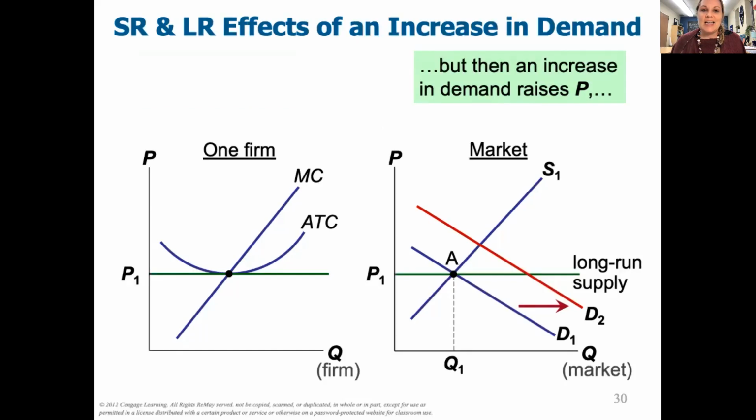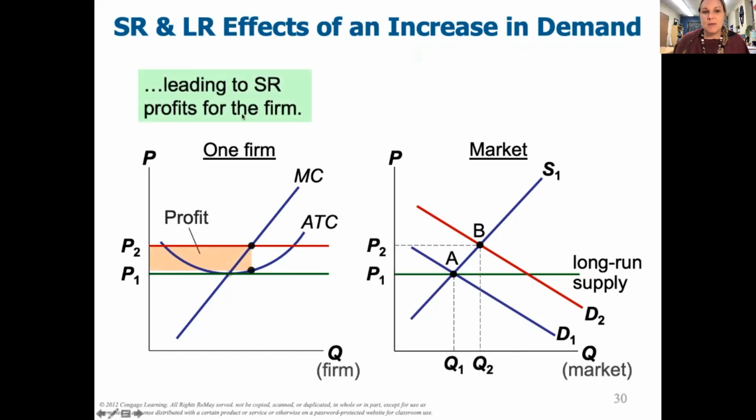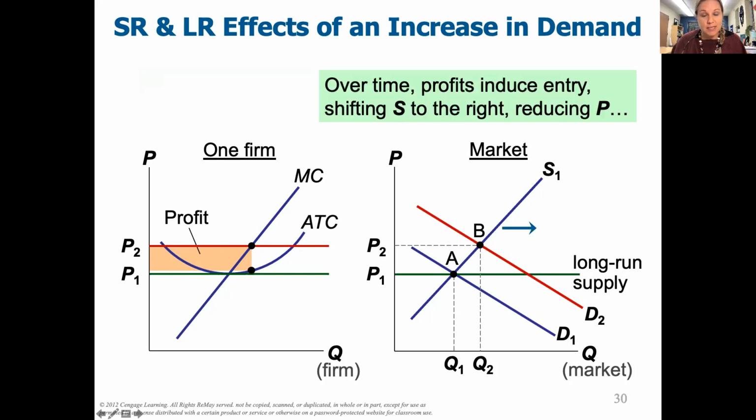Okay, so here we are in equilibrium at point A where supply equals demand. And we have an increase in demand for the product. This raises the price of the product. By raising the price of the product, these people are now making positive profits, which is going to incentivize people to enter into this industry, which increases the number of sellers and shifts the supply curve to the right and drives the price back down, right?